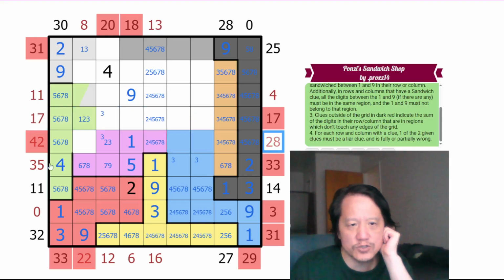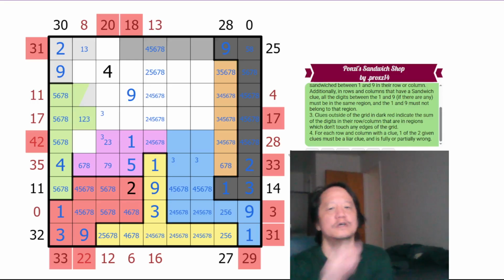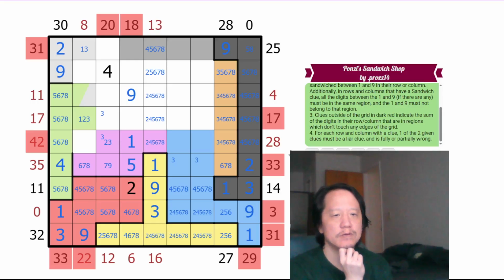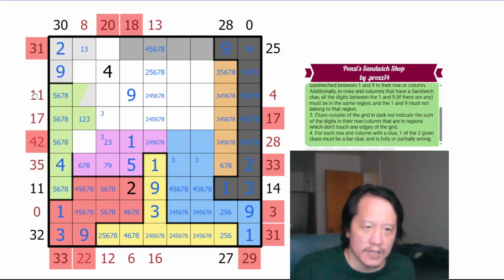So that's interesting. We have the sum of the pink and orange cells: 35 plus 28 plus 17. So that's 45 plus 35, which is 80. So then 11 cannot be correct.